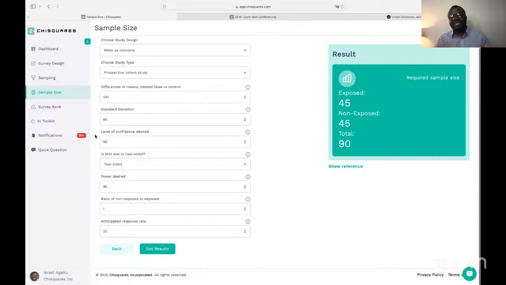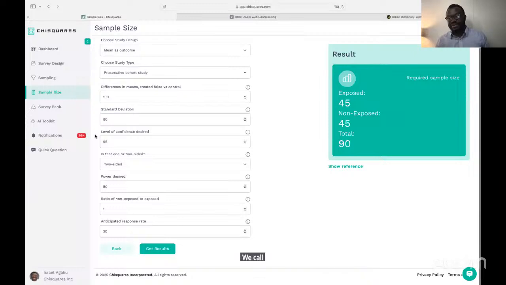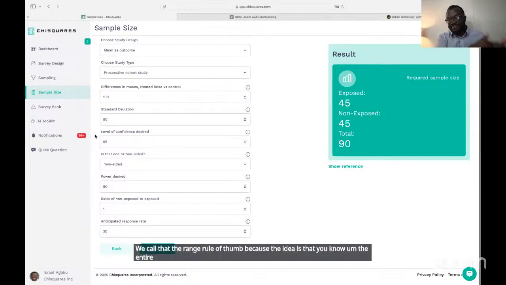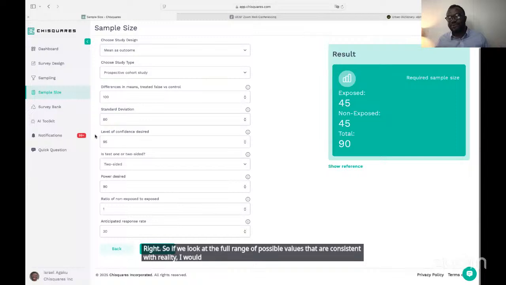One way to look at a standard deviation, if you don't know the exact value, is to look at the general values in reality and divide the range by 4. We call that the range rule of thumb, because the idea is that the entire range lies within 4 standard deviations. So if you look at the full range of possible values that are consistent with reality and divide it by 4, that gives us an idea.